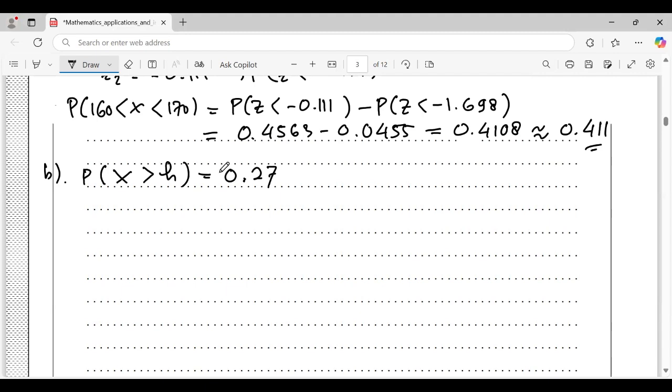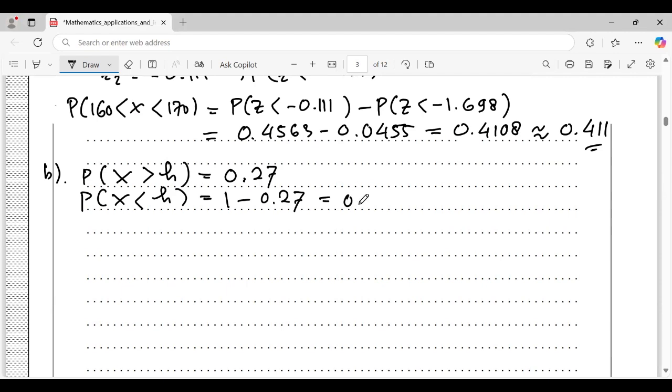This means the cumulative probability of Dutch woman's height being less than h. And we can write that probability x less than h is 1 minus 0.27. This is the probability theory.